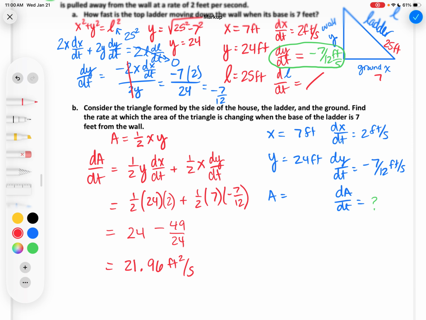Normally whenever there's a rate like that, we stick it at the end, more so for the look of it. But that was the only thing that I did. And with the y one, that one was in the right order. But technically speaking, the derivative of the first is 1/2 dx/dt times the second y, plus the first, 1/2 x, times the derivative of the second, which is just dy/dt.